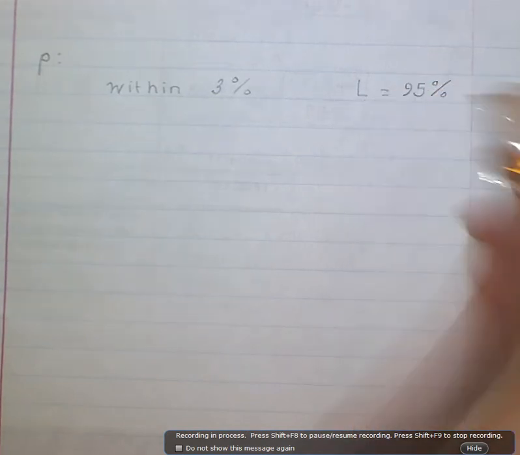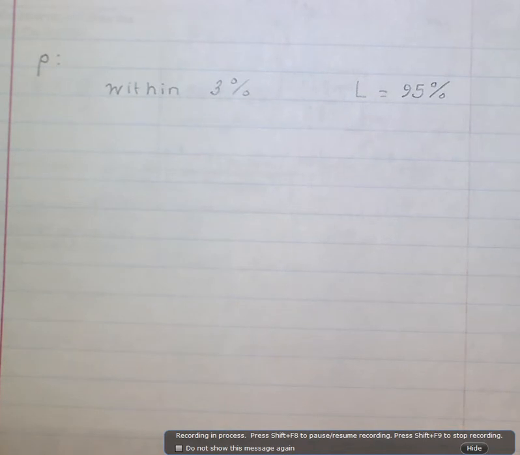When we are told we want this to be within a certain percent, that means plus or minus that percent. They're giving us the margin of error.